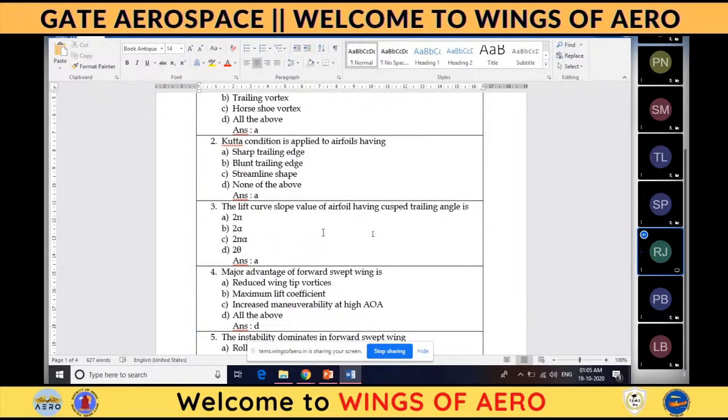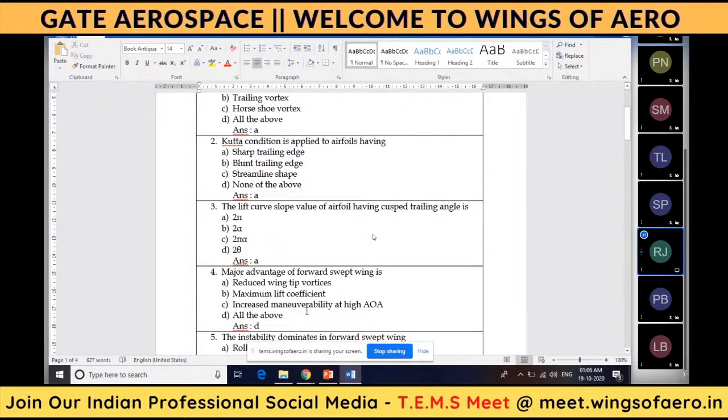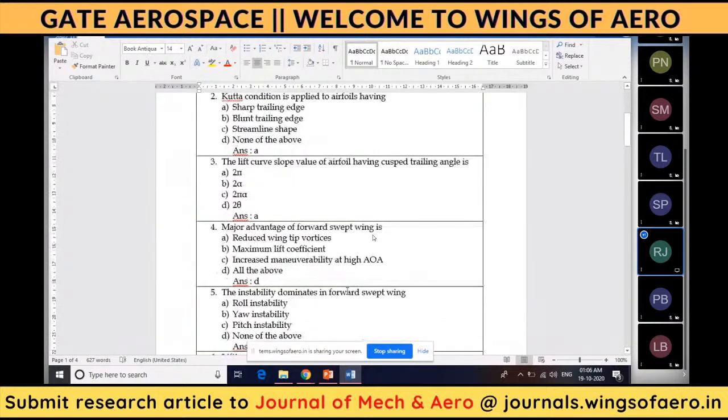So all 3 answers are correct. Therefore, I mentioned the answer is D, all the above. So it has the properties like reduced wing tip vortices, maximum lift coefficient, and also increased maneuverability at high angle of attack. These 3 things contribute to the forward swept wing.